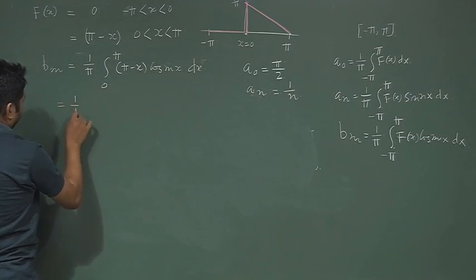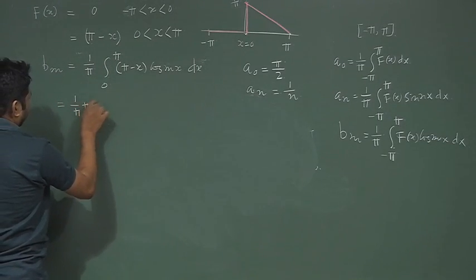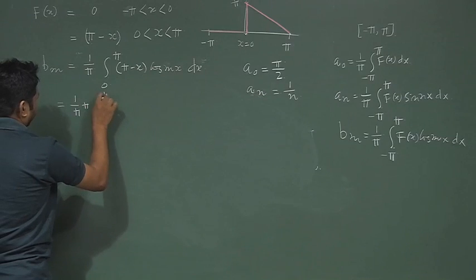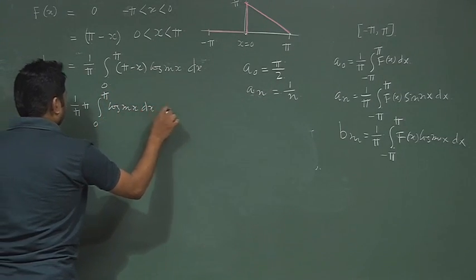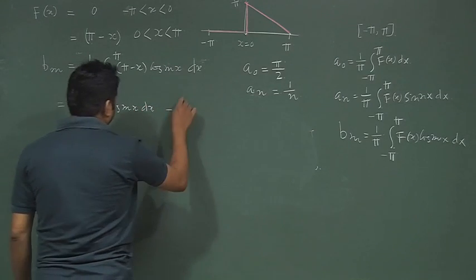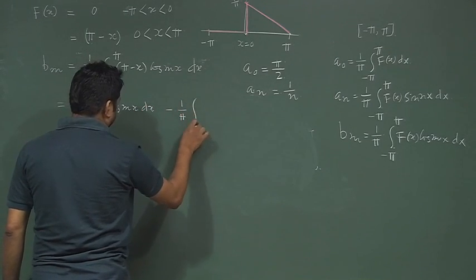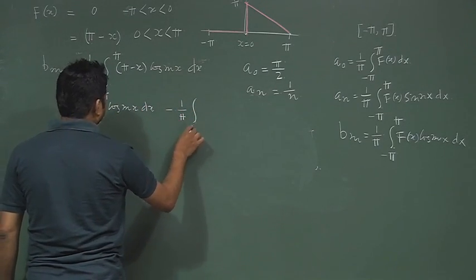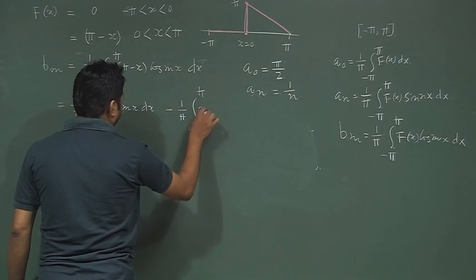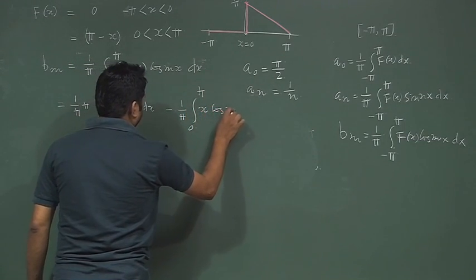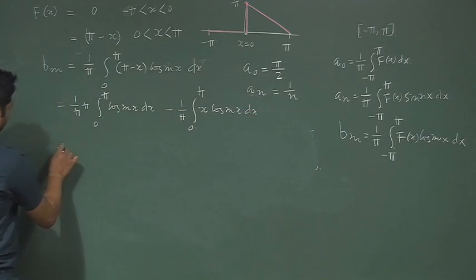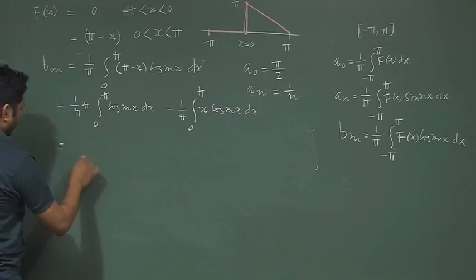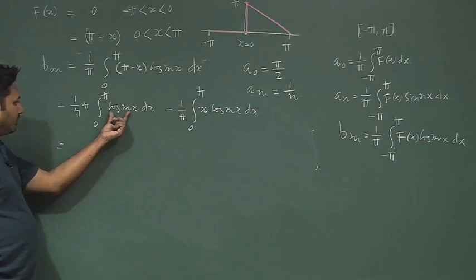So, 1 by pi, pi times the integral from 0 to pi of cos of mx dx, minus 1 by pi times the integral from 0 to pi of x cos of mx dx.